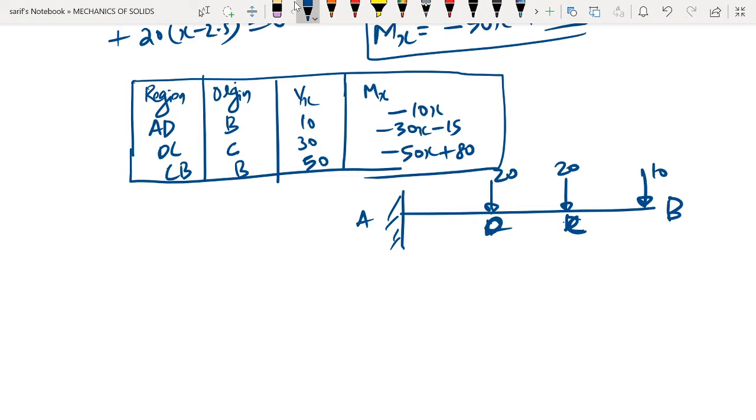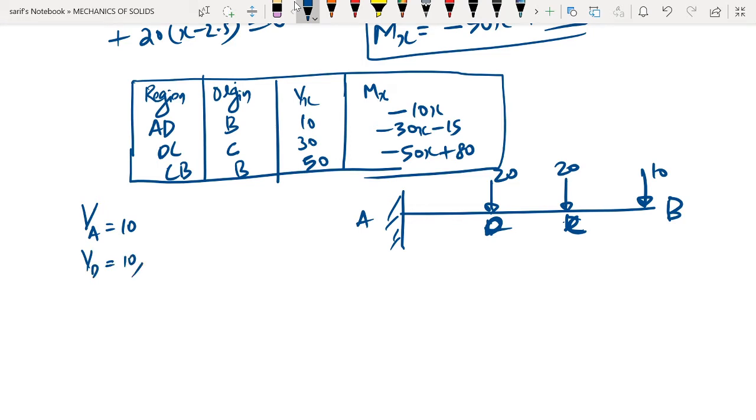For example, here the salient points will be points C and D. In the case of shear force, considering the region AD, we have VA equal to 10, VD equal to 10.